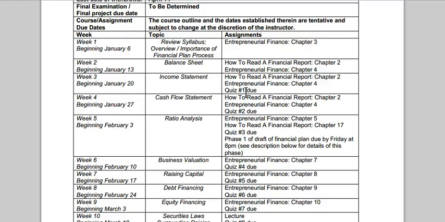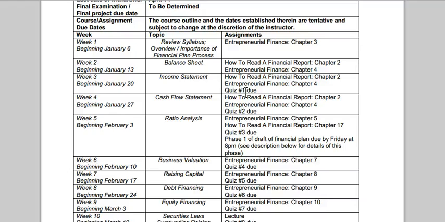If you have read the textbook material, if you have viewed the videos, the quizzes should be very, very simple. In the past, the only students that have not done well in my courses are those that simply have not done the work. So I encourage you to stay on top of the work, and you should earn a very good grade for the course.